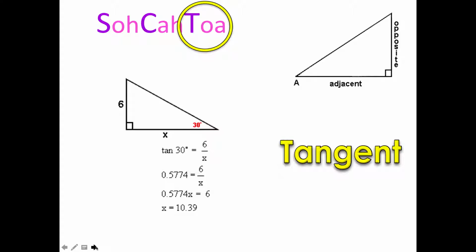In order to clear the denominator, I had to multiply both sides by x, and then my equation became 0.5774x equals 6. One more step: I then divide 6 by 0.5774 in order to find my value of x.